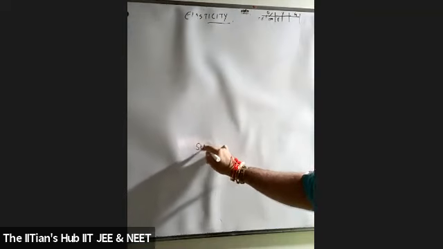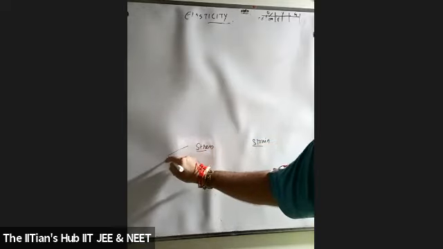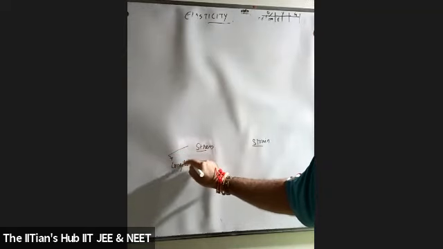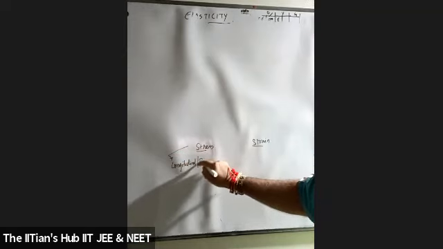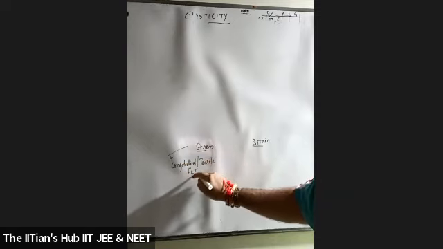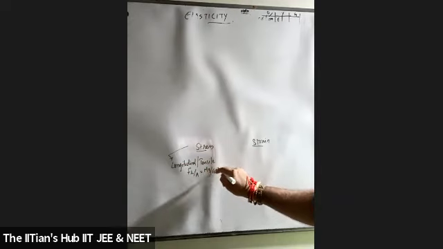Okay, students, I told you about stress, I told you about strain. There are three kinds of stress: longitudinal, also called tensile, that is force acting normally per unit area, that is mg upon pi r square.